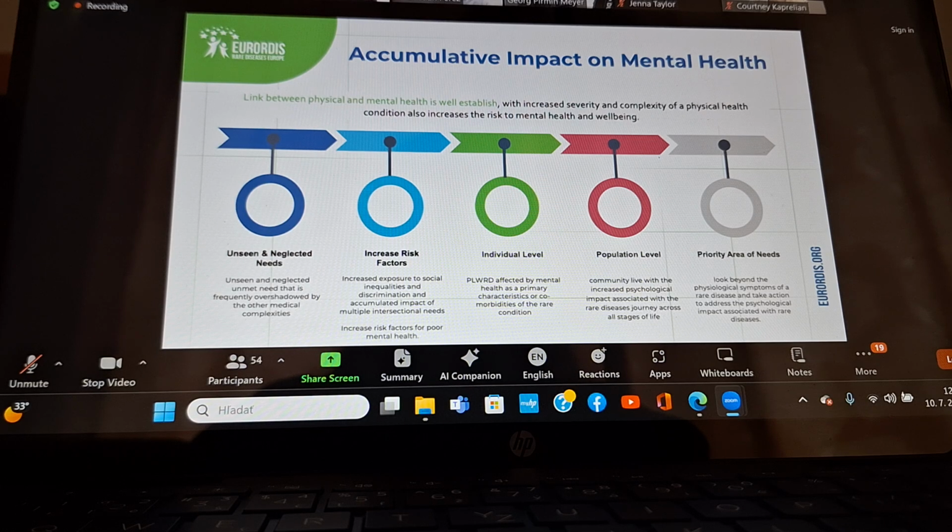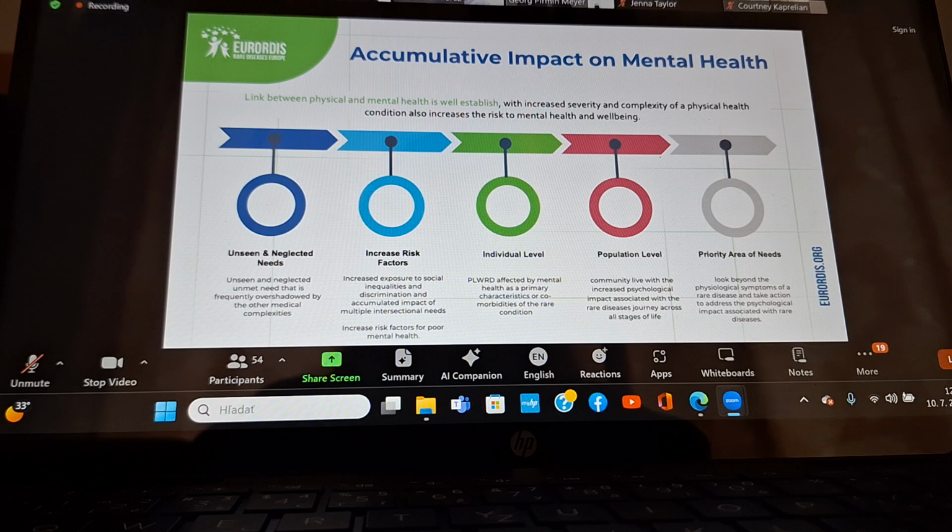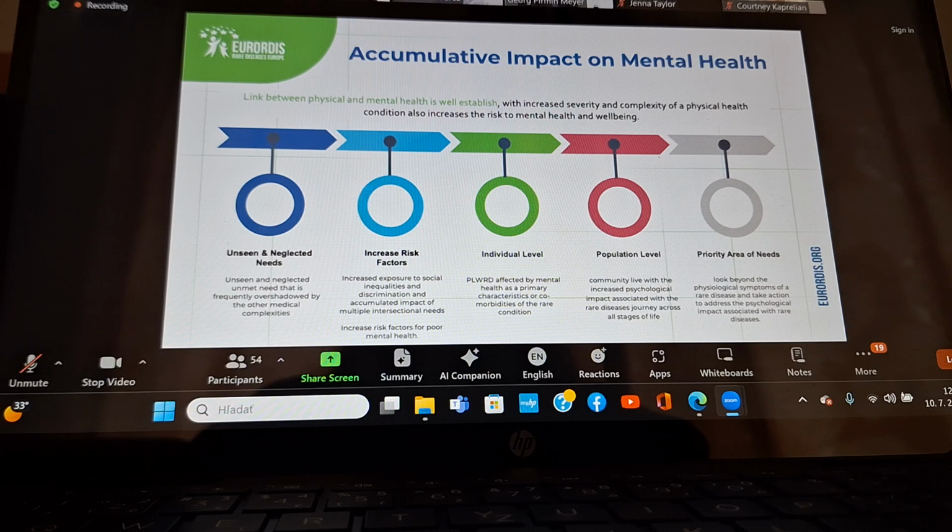And it's when we're alone that the sense of isolation, the psychological impact of the situation and the experiences we're having living with the rare condition really come home and hit us hard. So it's time now that we're not just alone, but we connect together to support each other.